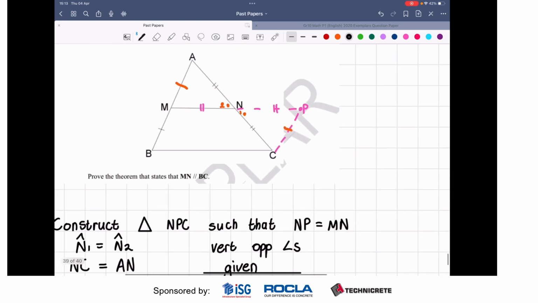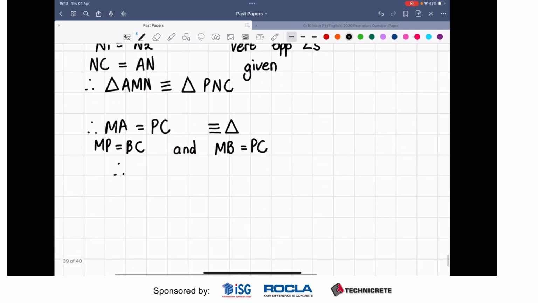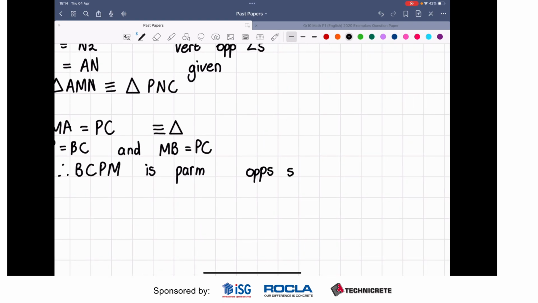So if I've got this side equal to this side and this side equal to this side, then that means that I've got a parallelogram. So this one, BCPM, is my parallelogram, and that's because of opposite sides equal.